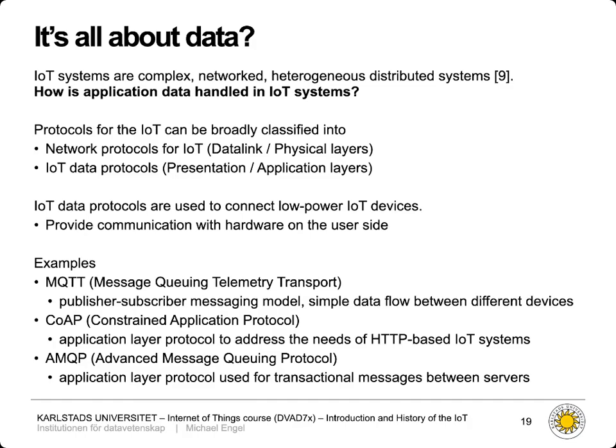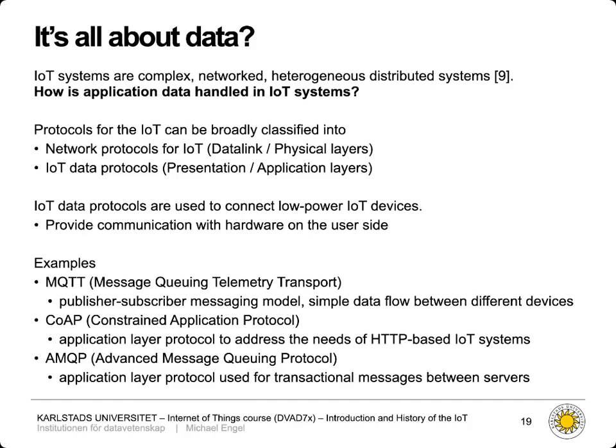So you've probably seen the ISO model of network layers, and something similar happens here. So essentially, we can classify protocols for the IoT into the network protocols we use, so the data link and physical layers. And then on top of these, we have the IoT data protocols, which would be on the presentation and application layers of the ISO stack.